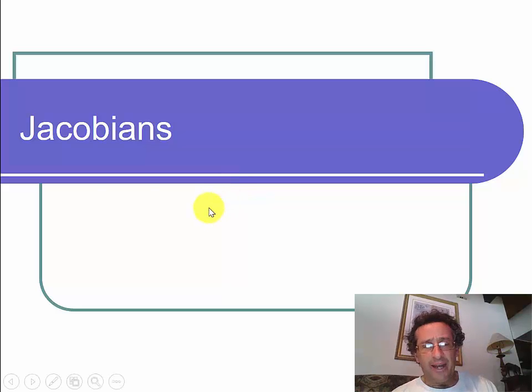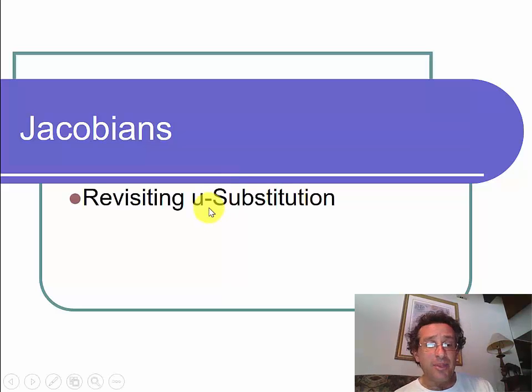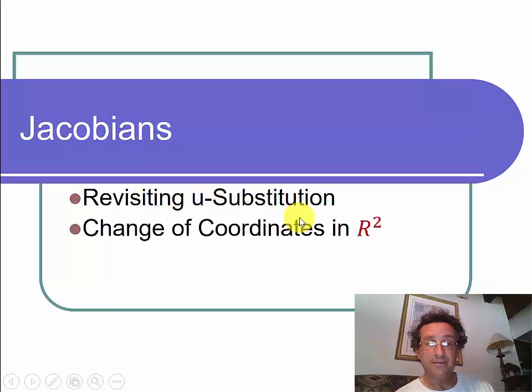So in order to do that, we're going to start by looking at something you have always taken for granted. It's not that hard, but we're going to look at it a lot more deeply, and we're going to look at geometrically what U substitution is all about. And then we're going to expand on U substitution and say, what if we do that in two-dimensional space?